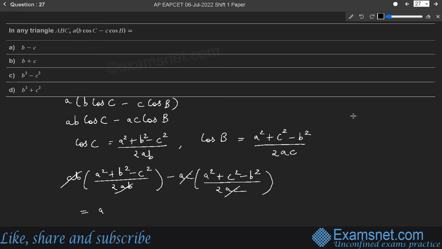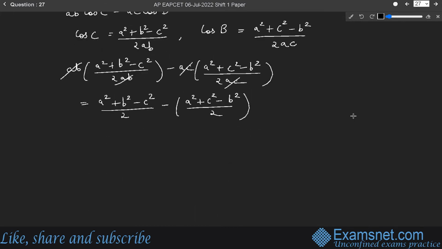So it will be equal to (a square plus b square minus c square) divided by 2 minus (a square plus c square minus b square) divided by 2. The denominator is the same here, so it will be a square plus b square minus c square minus a square minus c square plus b square, whole divided by 2.